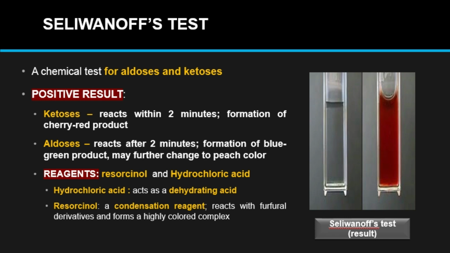The reagent is composed of resorcinol and hydrochloric acid. Hydrochloric acid is a dehydrating acid. Resorcinol is a condensation reagent. It reacts with phenol derivatives, thus forming a highly colored product. When heated, ketoses are expected to dehydrate more quickly than aldoses.